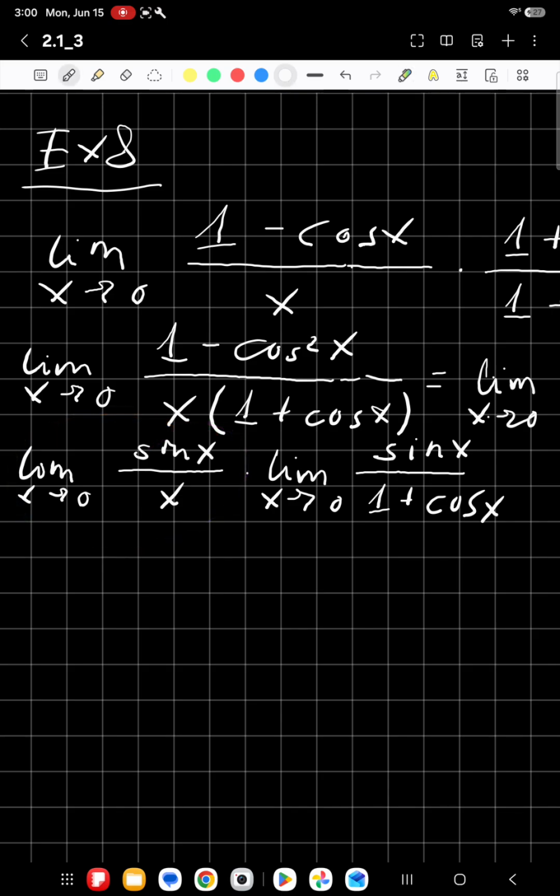Now for the second, at this point we can plug in 0. In the denominator I get 1 plus 1, since cosine of 0 is 1, so I get 2. But if I plug in 0 in the numerator, I'm just getting 0, and 0 over anything is still 0. So 1 times 0 is 0. All right, that's what we have.